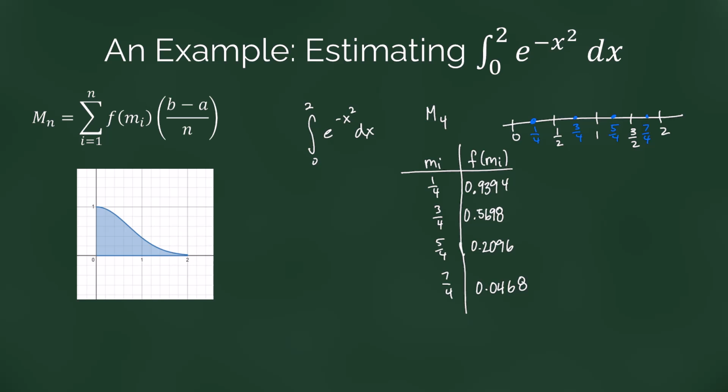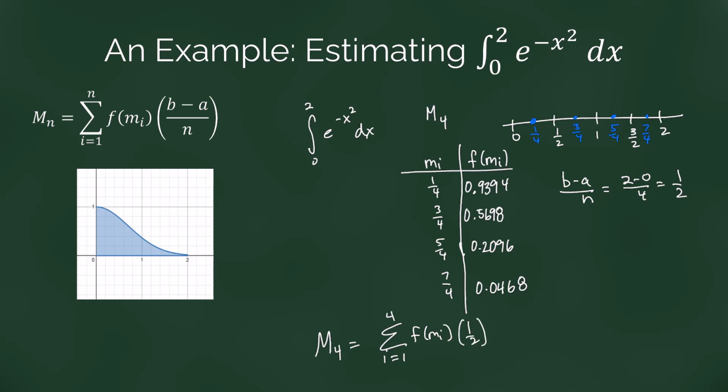So now we have each of our f of m sub i's. We can also see that b minus a over n is going to be 2 minus 0 over 4, which is 1/2. So our formula tells us that m sub 4 is going to be the sum from i equals 1 to 4 of f of m sub i times b minus a over n, which is 1/2.